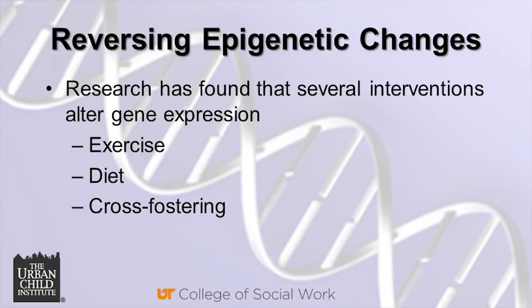These changes actually show up in individuals' metabolisms. Diet has big changes. Some interventions have shown that the elderly, when they get adequate levels of folate, have much better cognitive functioning. And it's because of changes in various genes due to the better methylation.